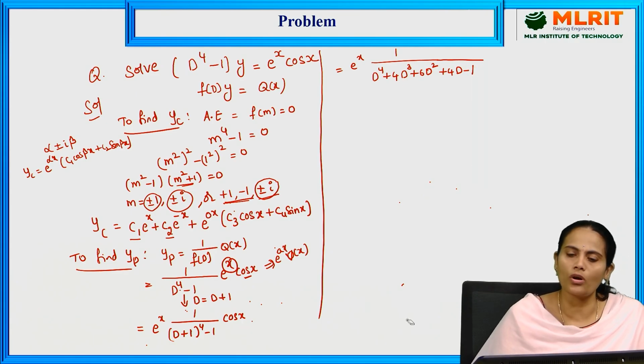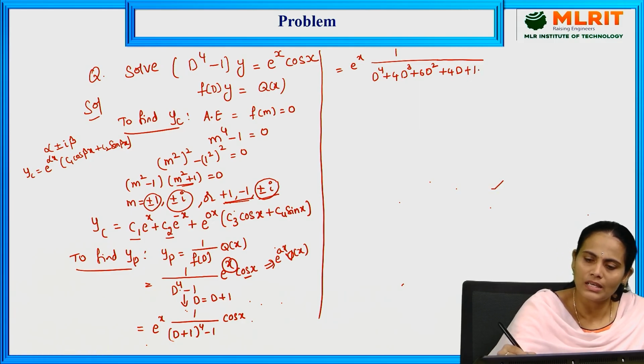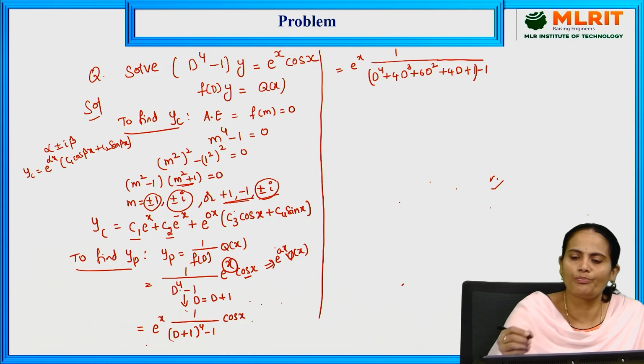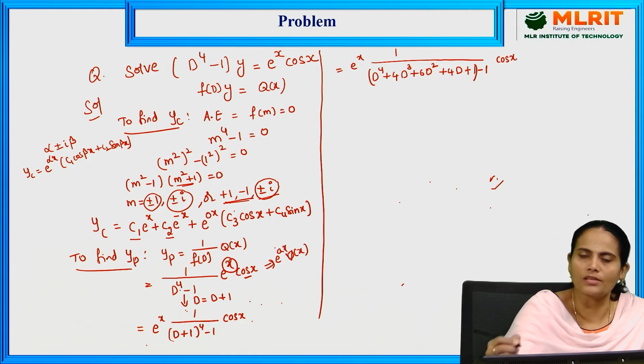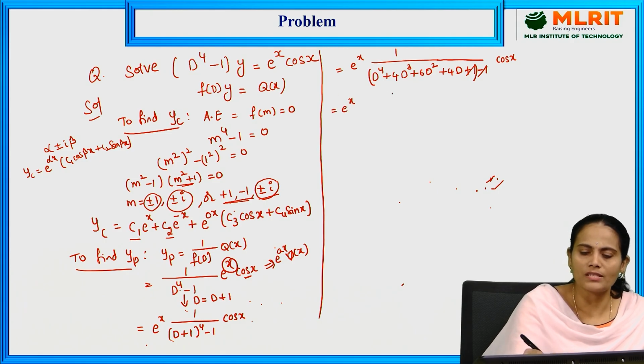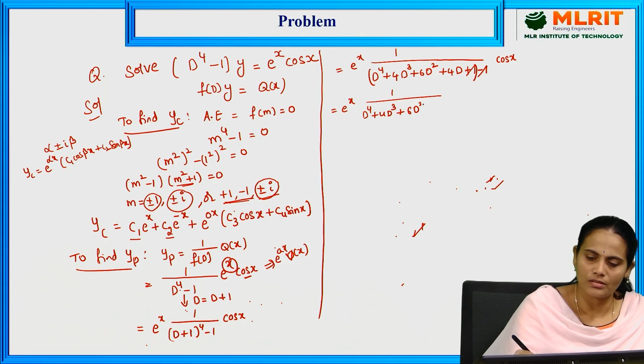This is the whole expansion of (D plus 1) whole power 4, into cos x. Here the plus 1 and minus 1 get cancelled. So e power x into 1 by D power 4 plus 4D cube plus 6D square plus 4D, into cos x.